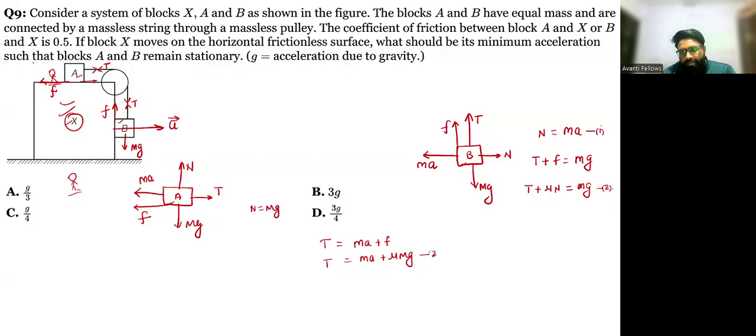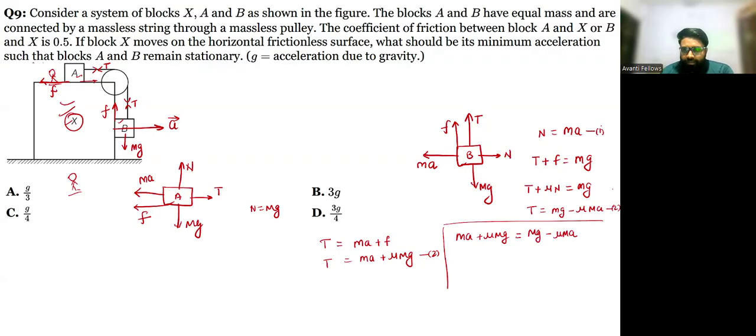Now we have two equations of tension. This is equation 2: T equals mg minus mu m a. We have put down the value of N over here. Now if you equate equation 1 and 2, you will have ma plus mu mg is equal to mg minus mu m a.